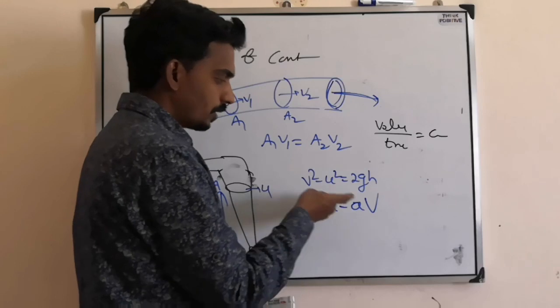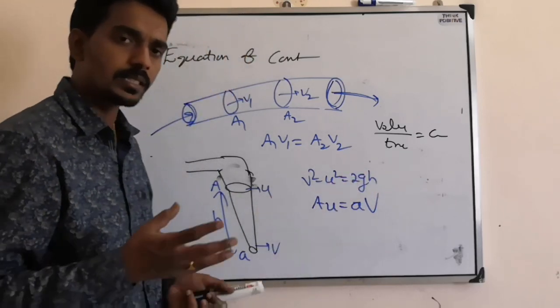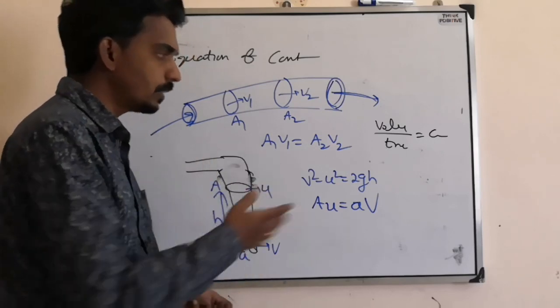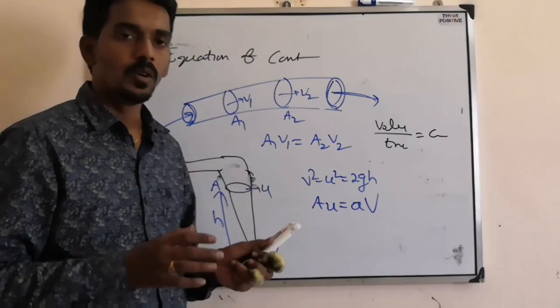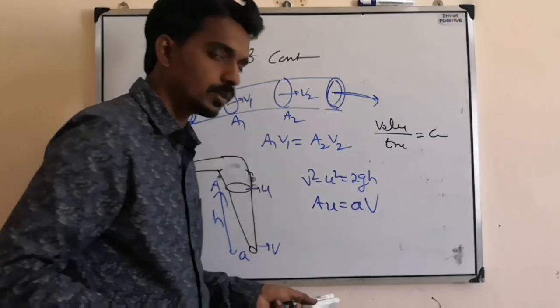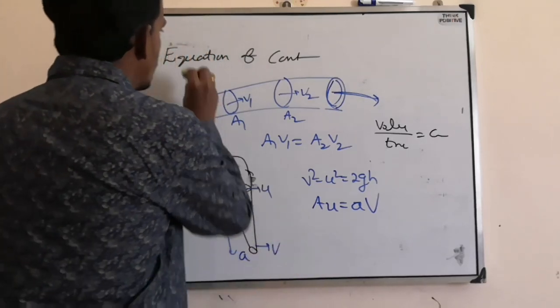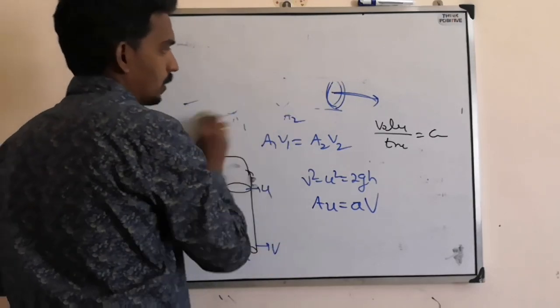After finding u, with v and u you can find h. Like that, they will give some data and ask for other data. So you have to understand what data they have given, what you have to find, what formula you have to use, and what conversions you need to take care of.